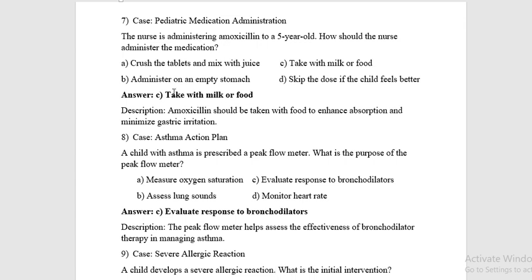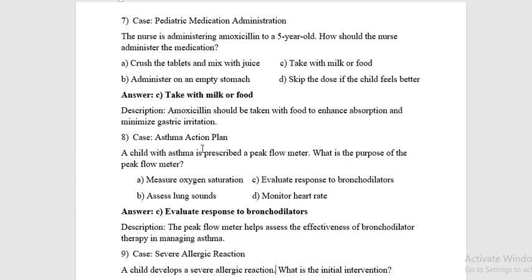Choice C is the best answer. Children should take it with milk or other food or liquids. Amoxicillin should be taken with food to enhance absorption and minimize gastric irritation.